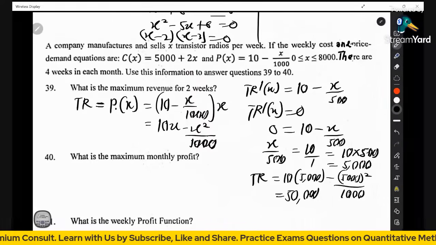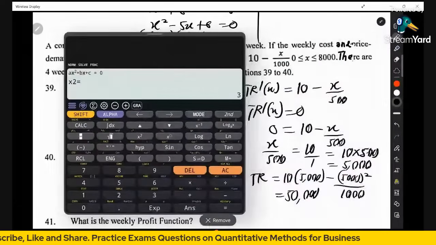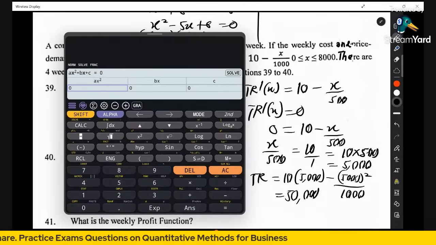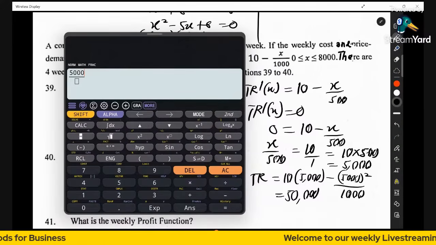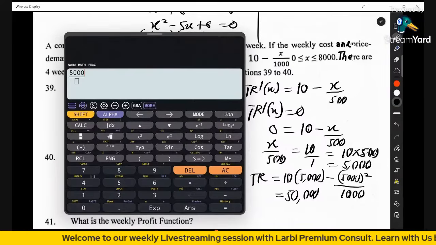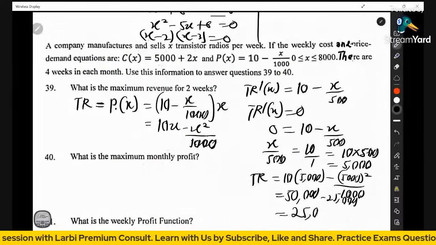And then when I also apply this, let's see with our calculator, in normal mode: 5,000 squared divided by 1,000. At the end of the day, we get 25,000.